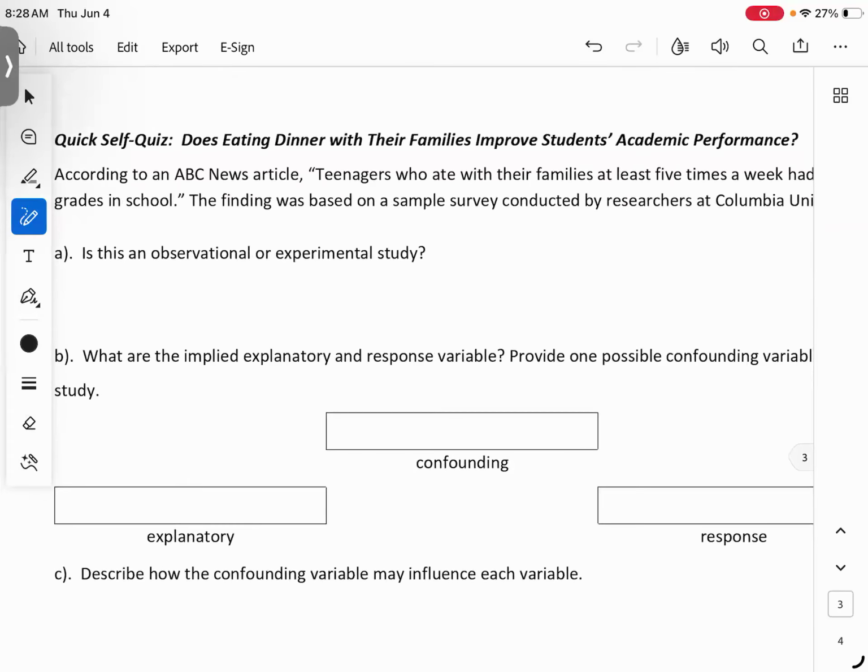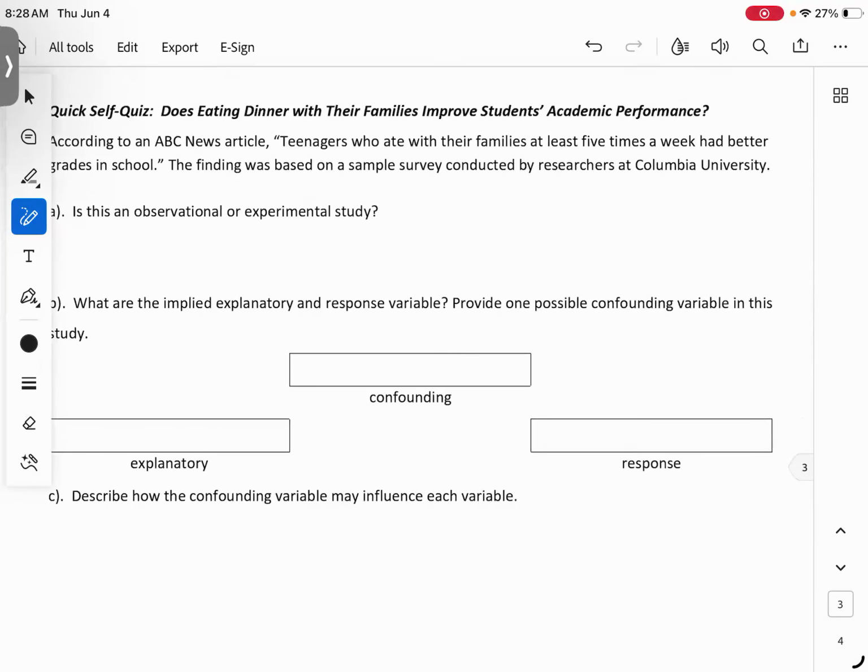The other one that I have here is just a quick quiz. Again, this is one where you can pause me and try it for yourself. I'm just going to be quiet for about 10 seconds, but all I want you to do is read the prompt and find the explanatory response. Then right here, there are 1,001 different answers that you could give as a third variable that might be influencing why the first thing is happening and why the second thing is happening.